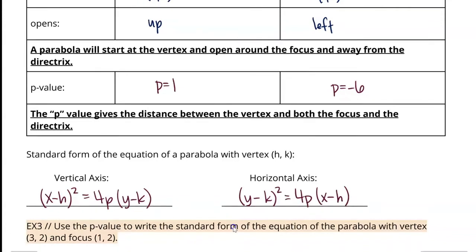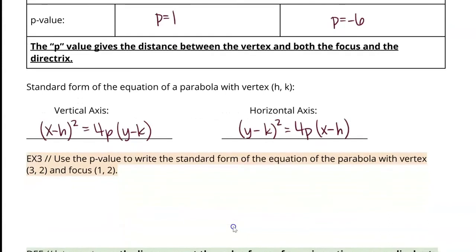All right, so here's another way to write the equation. This time we're given the vertex and the focus. Okay, so let's think about this. I'm going to draw a quick mini sketch just to see which way this thing is going. The vertex is at 3, 2, and the focus is at 1, 2.